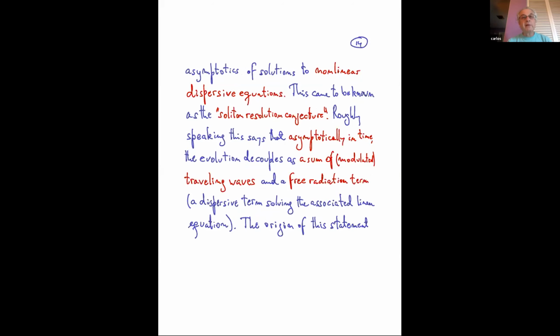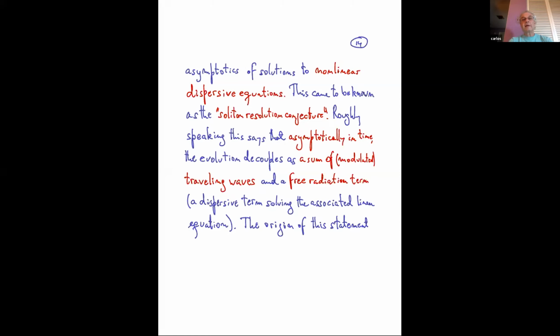So this is a belief, and this belief came to be known as the Soliton resolution conjecture. Now, the Soliton resolution conjecture is not, as I'm saying here, a conjecture, but a belief. It's a collection of conjectures. So roughly speaking, this says that asymptotically in time, the evolution decouples as a sum of modulated traveling waves and a free radiation term, which is a dispersive term solving the associated linear equation.